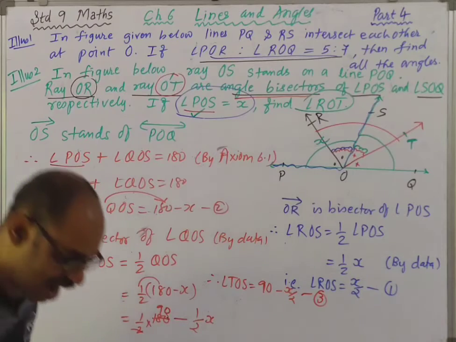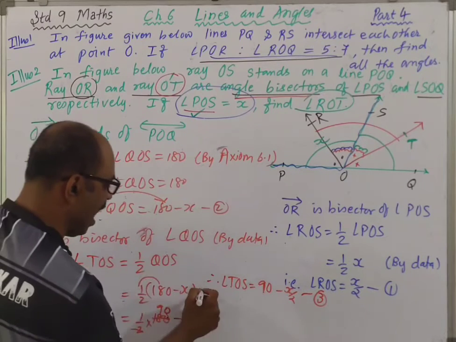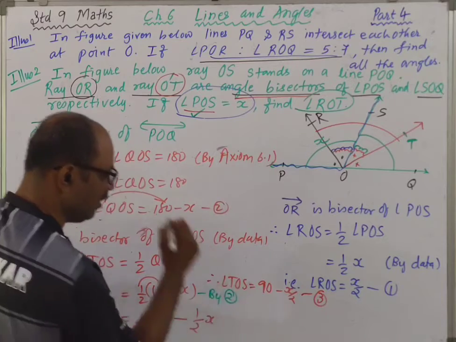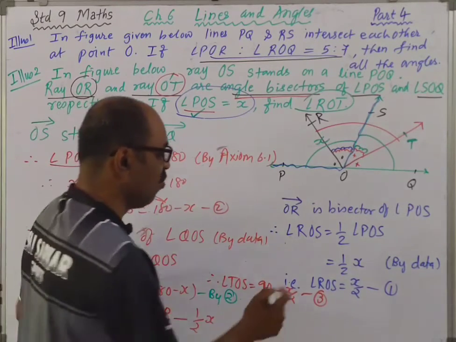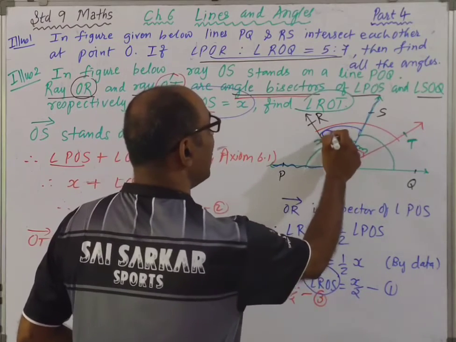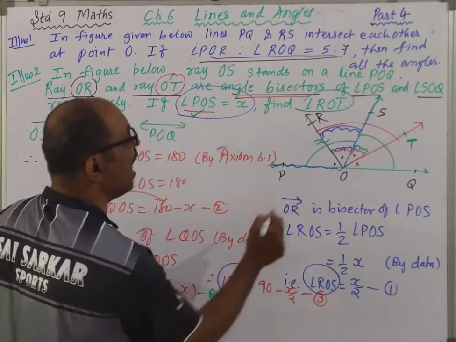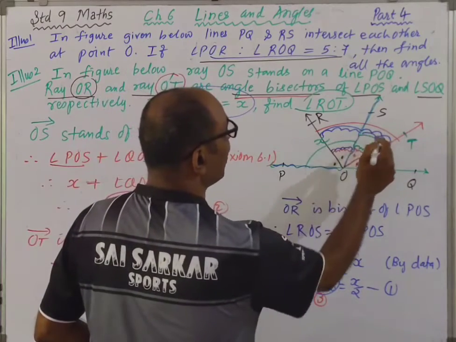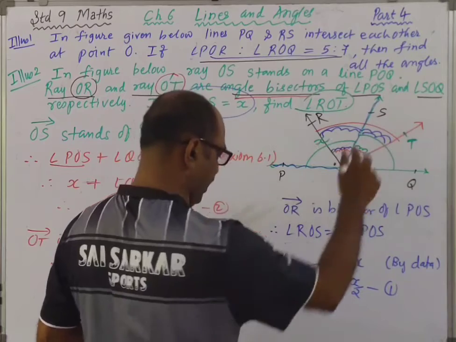Okay. Here you wrote 180 minus x for this, by 2. Children, now in result 1, ROS is this angle, and in result 3, TOS is this angle. So add both of them, and you get your goal, ROT.